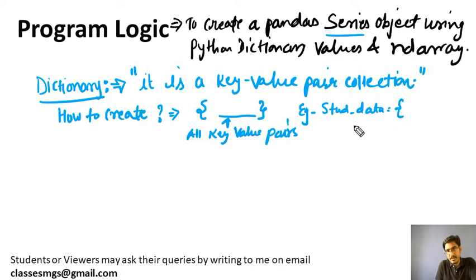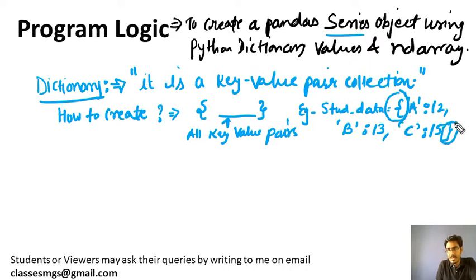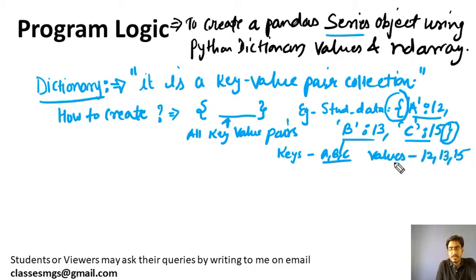Let's suppose student A, whose age is 12, student B, whose age is 13, and student C, whose age is 15. So this is the start of the dictionary and this is the end of the dictionary. These are the three key-value pairs. Here A, B, C are keys, and the values will be 12, 13 and 15. So you should know how to create a dictionary and what a dictionary is.